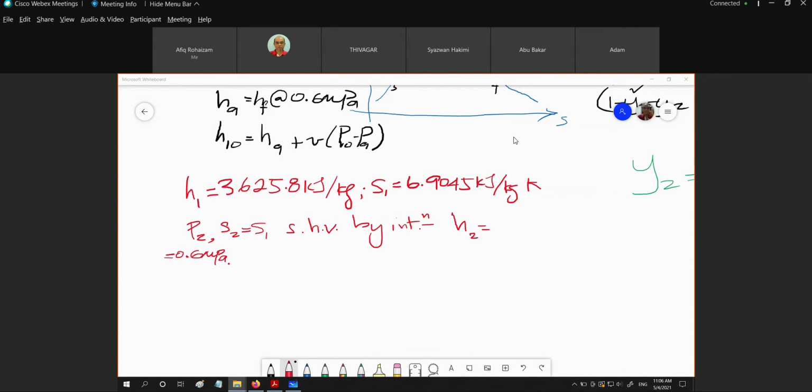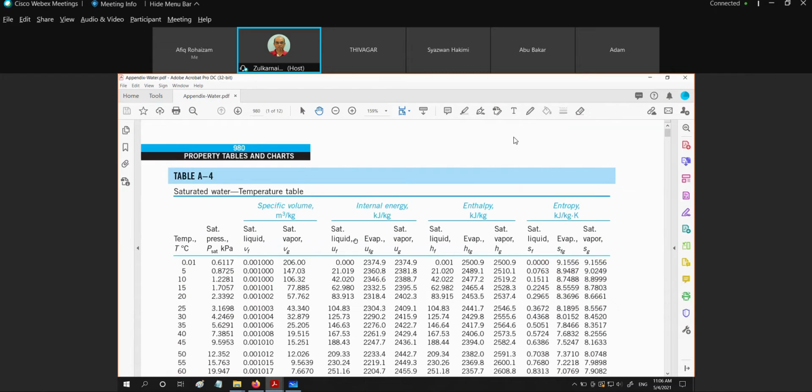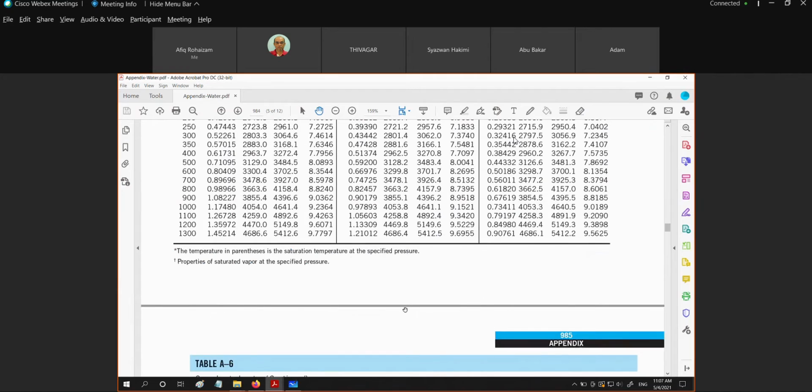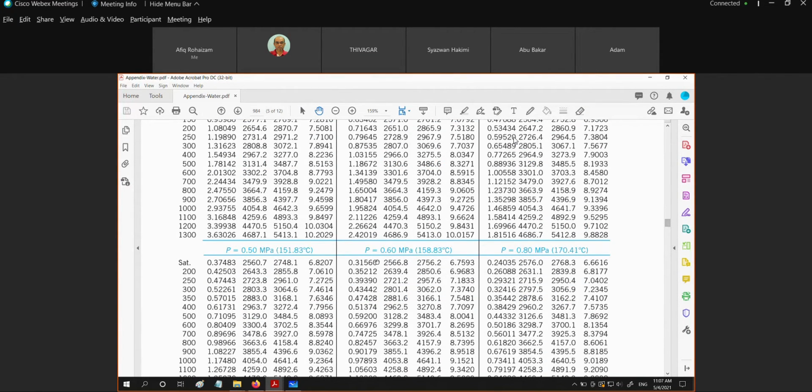Table for water, 0.6 megapascal, superheated vapor. Then we have our S of 6.9045.